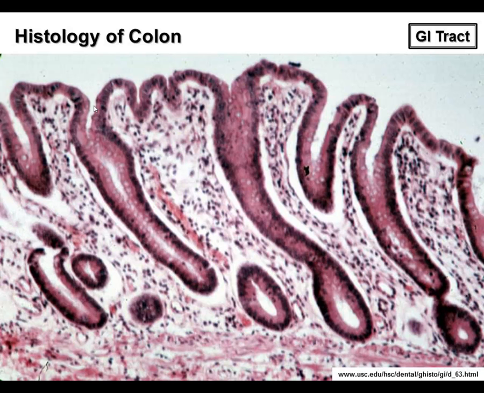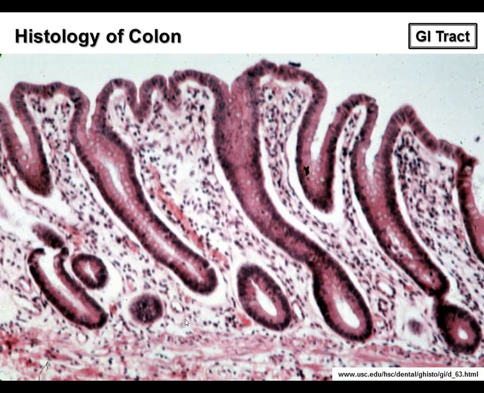structure. We have the mucosa, we have the muscularis mucosa here, right? So we have epithelium, we have lamina propria, we can't really see it very well. But then we have the muscularis mucosa, and then we have the submucosa, and then we will have the muscularis.